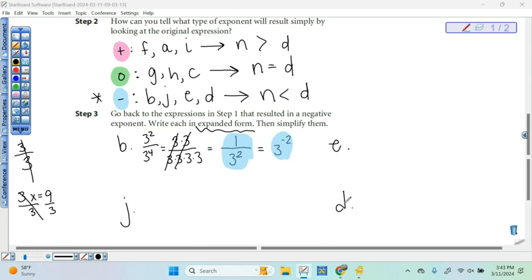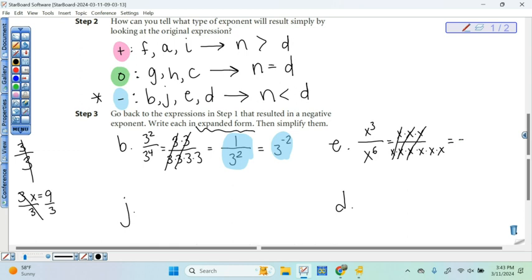Look at part E. I've got x cubed over x to the 6th. So that's x times x times x divided by x times x times x times x times x times x. And when I have the same thing in my numerator and denominator, they cancel out to be 1. So those cancel out, those cancel out, those cancel out.